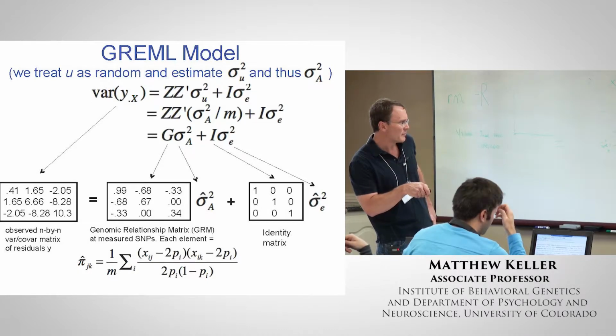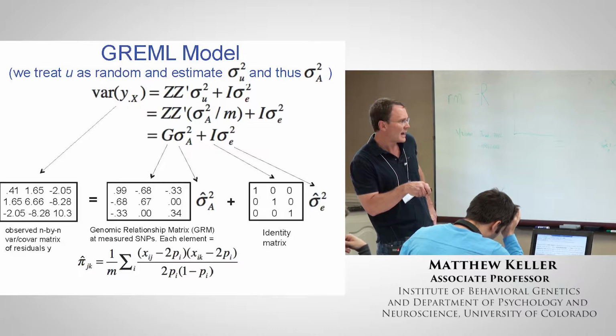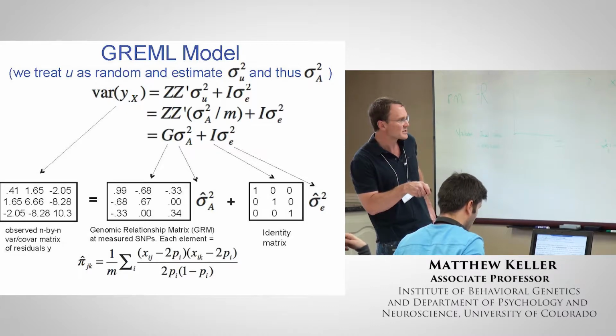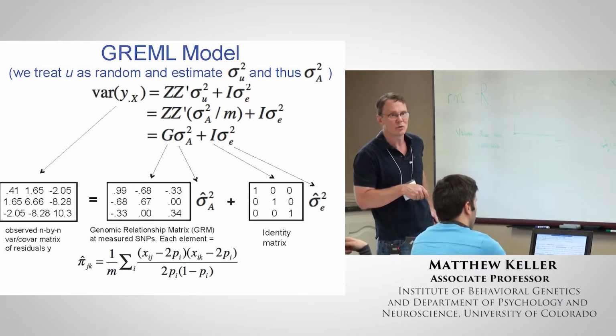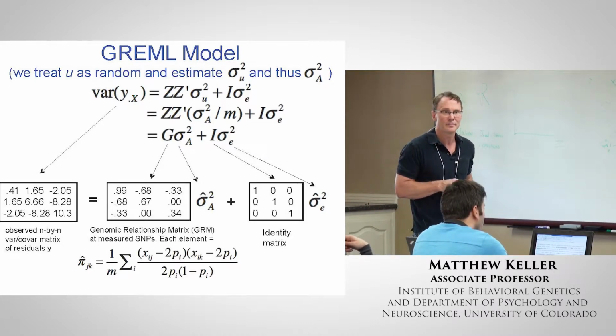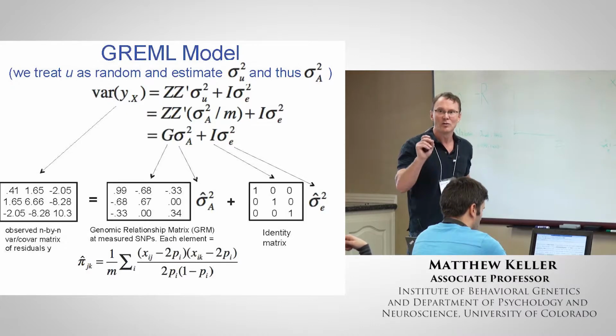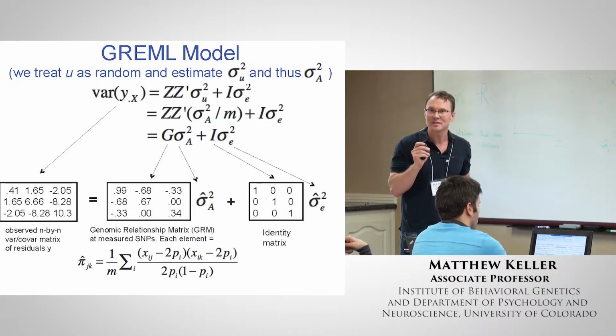So this is for SNP i, person j, and SNP i for person k. We remove the means of those SNPs and we divide by the variance. So this is an estimate at each SNP of the correlation between those people at that SNP, okay? We then sum all those correlations across all the SNPs for each pair of individuals and we divide by M.